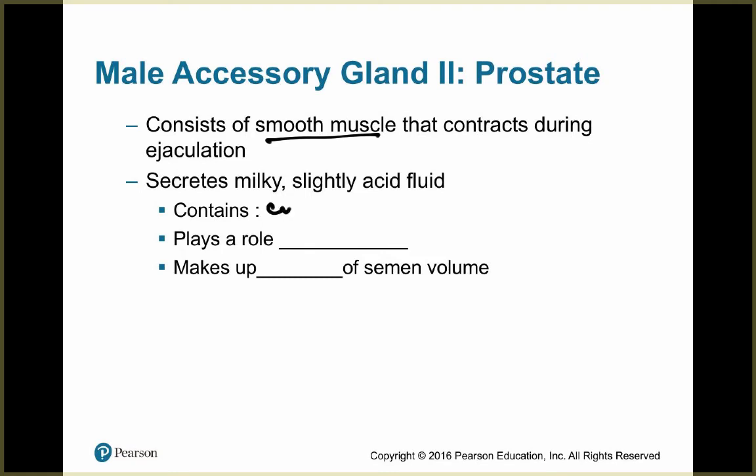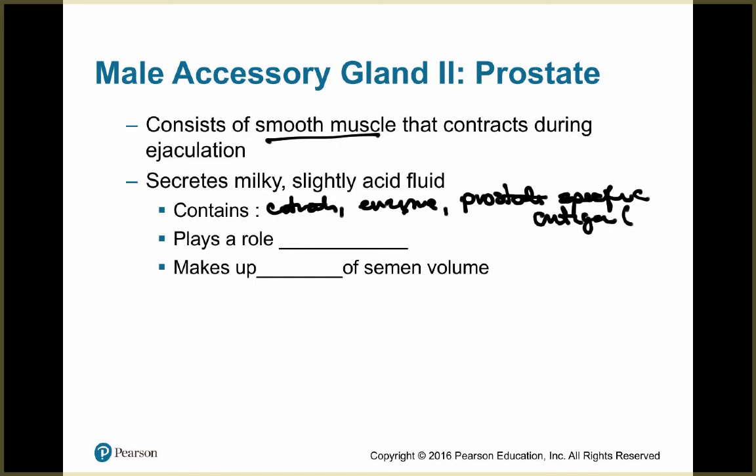Now, this contains citrate, enzymes, and prostate-specific antigens. A short for that is PSA. So what this does, it plays a role in sperm activation. And so this makes up about 1/3 of the semen volume.